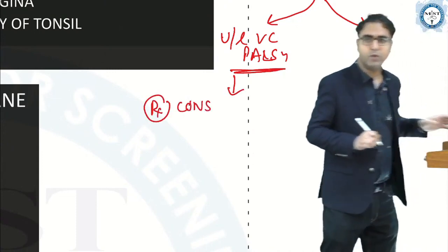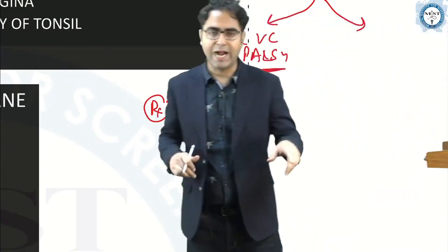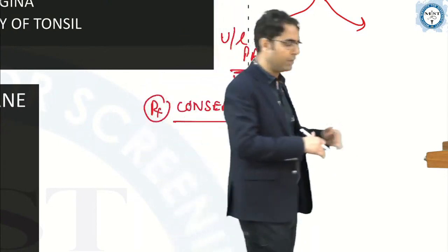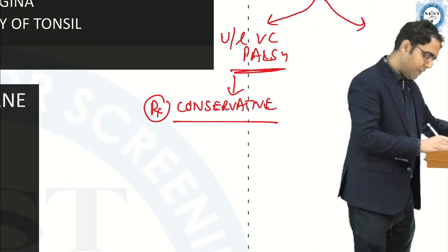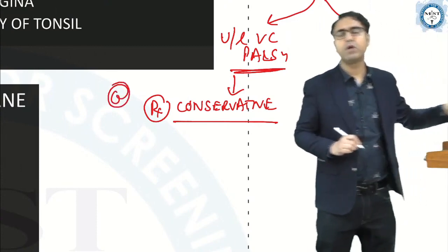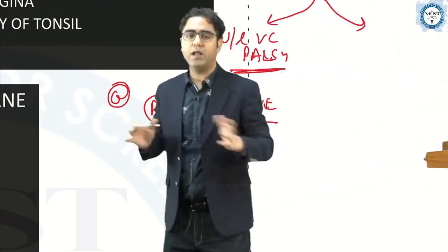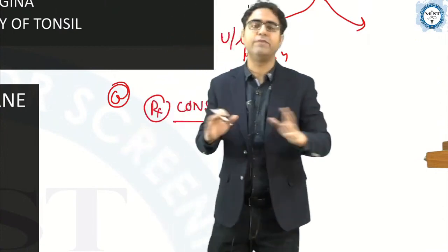I know there are a couple of questions in the chat. I will take them a little later after this topic. This is an MCQ, beta. We have discussed this already. In the larynx topic, we said that unilateral cord palsies are to be treated conservatively.